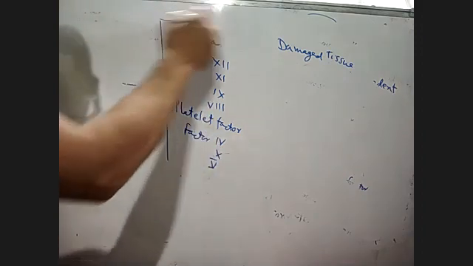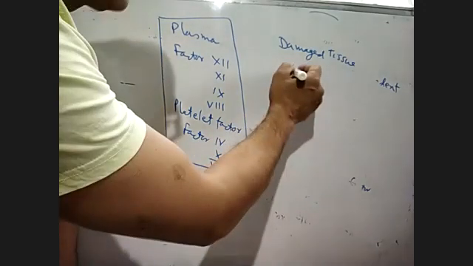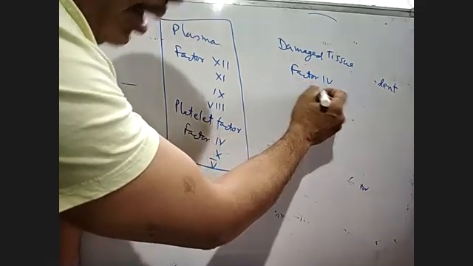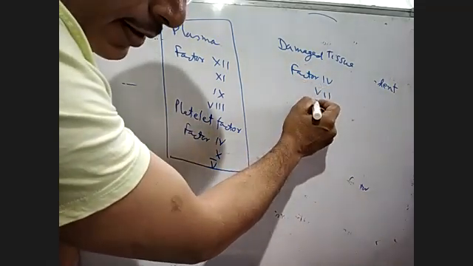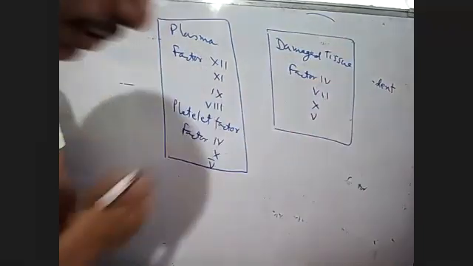In the damaged tissue, we have factor 4, factor 7, factor 10, and factor 5.